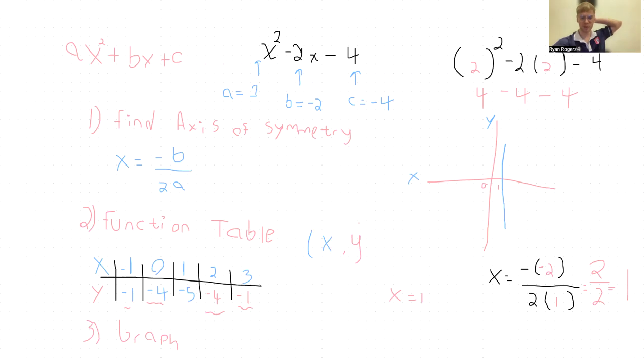I do X first and then I do Y. So I'll do one and then negative one, so negative one here and then go down to negative one. Then I have 0 and negative 4, negative 1, negative 2, negative 3, negative 4, right?